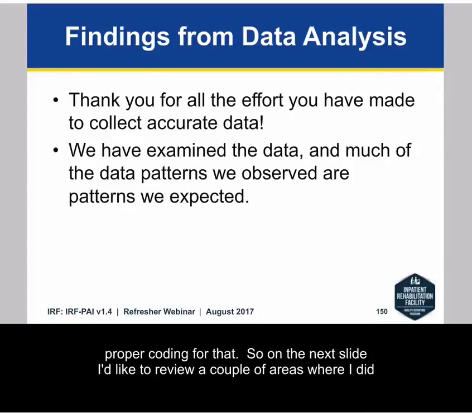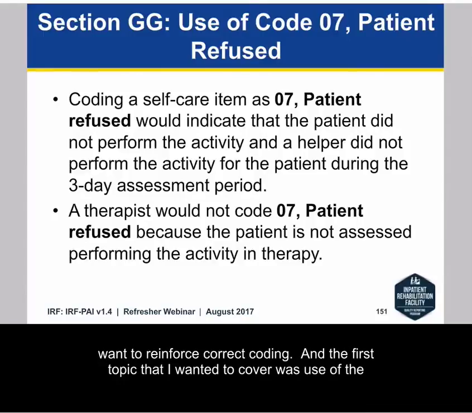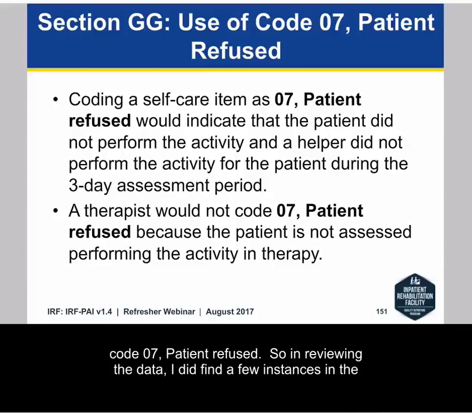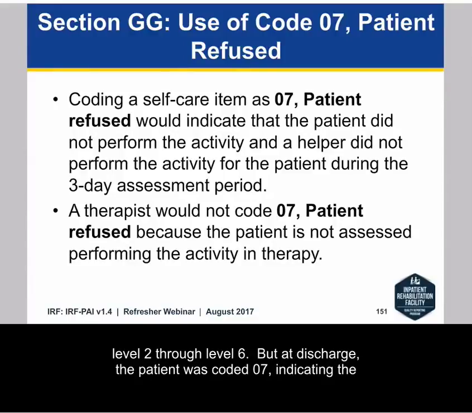So on the next slide, I'd like to review a couple of areas where I wanted to reinforce correct coding. The first topic that I wanted to cover was use of the code 7, patient refused. In reviewing the data, I did find a few instances where patients were admitted performing an activity and being scored, for example, level 2 through level 6, but at discharge, the patient was coded a code 7, indicating the patient refused at discharge.